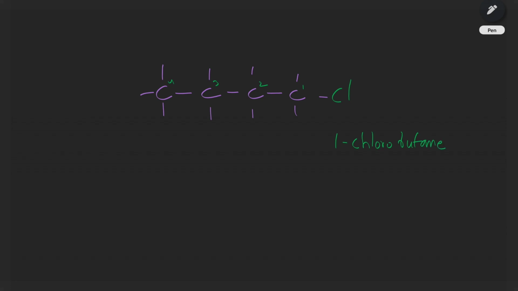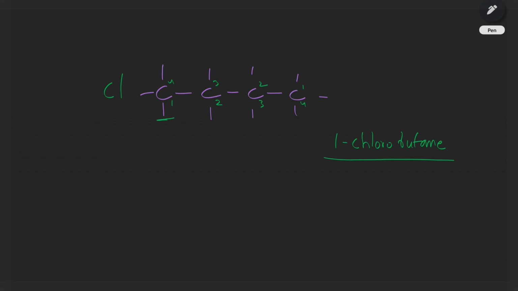Let's say I'm giving the chlorine to this end instead of this end. Then the numbering would start from this side. Why? Because our functional group should get the lowest number possible. So then again, it's still called 1-chlorobutane because it attaches to the first carbon.